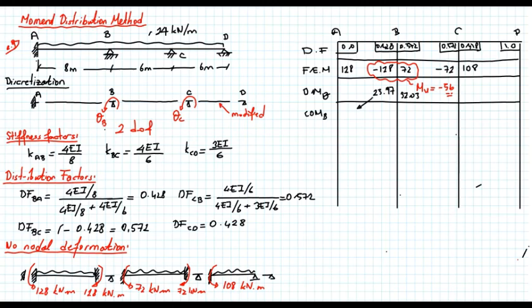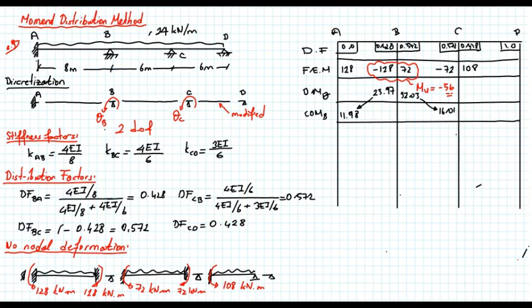And half of this moment will go to node A. So 11.93. Remember that C is still clamped. We are not allowing any rotation. So half of this moment should go to node C. 16.01.